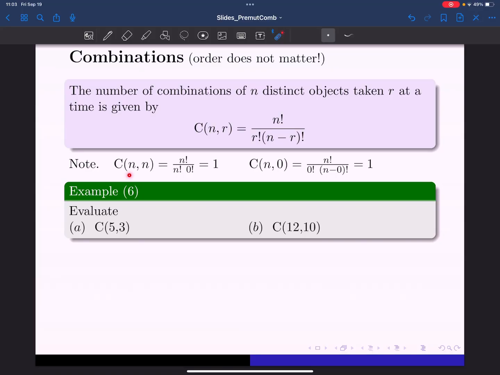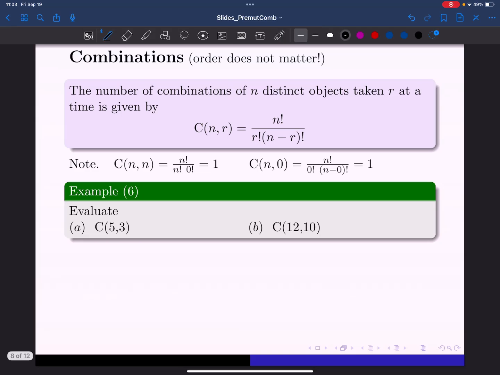Combination n choose n: if you have n objects and you're choosing n, you have pretty much one choice. If you would like to do it according to the formula, it's n factorial over the bottom factorial, and then you subtract those two. And if you have n choose 0, you have only one arrangement, as they were standing at the beginning.